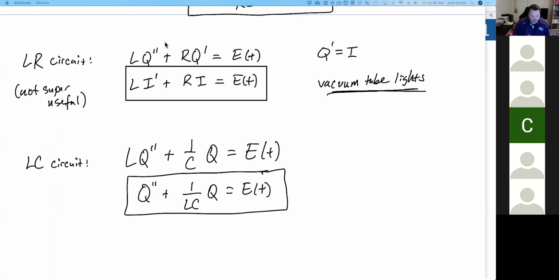These are everywhere. Does anyone know what a common use of an LC circuit is? This one's second order, so we're not going to be studying this one just yet, but it will come up later in the course. Does anyone know some LC circuits?